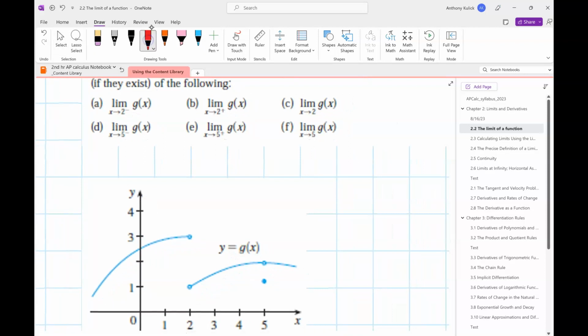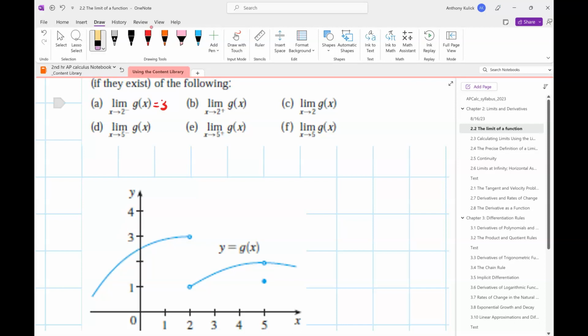So if I look at A, the limit as x approaches 2 from the left should be, what should that equal? Excellent, right? Because you're just following it up. Looks like it ends at 3. Yes? I did no calculation. I just followed the graph from the left to 2, and it appears to end at 3. Right? That's all I'm doing.